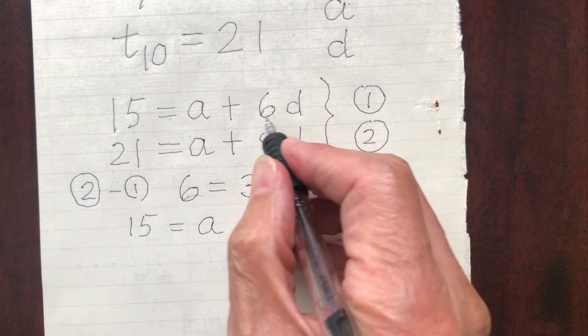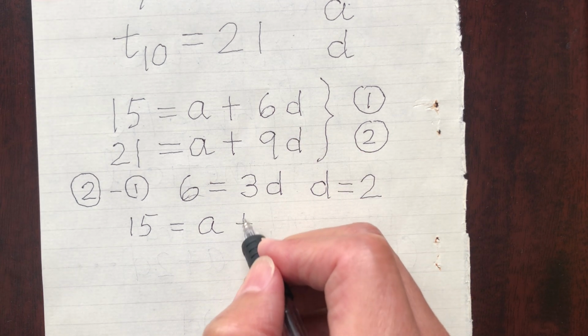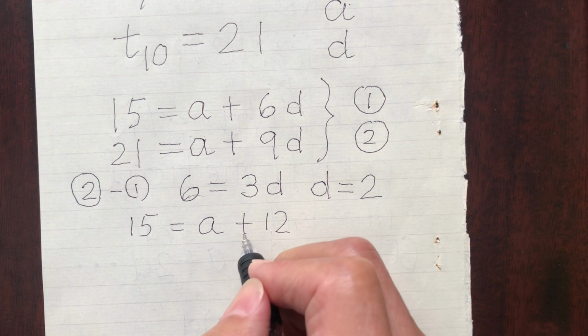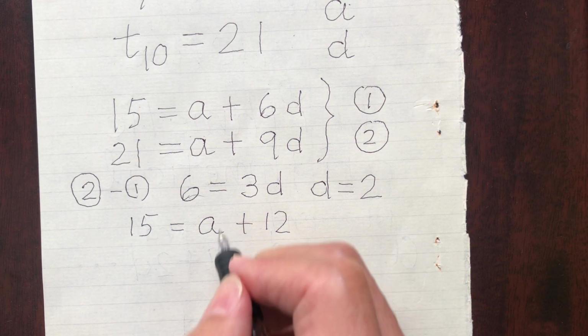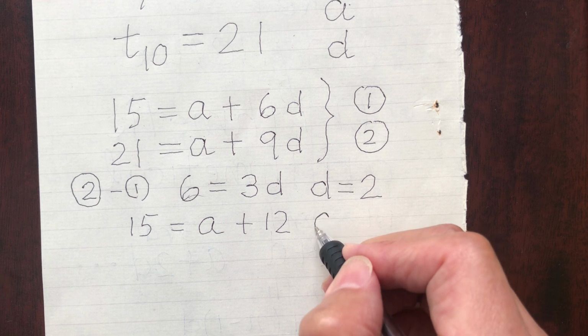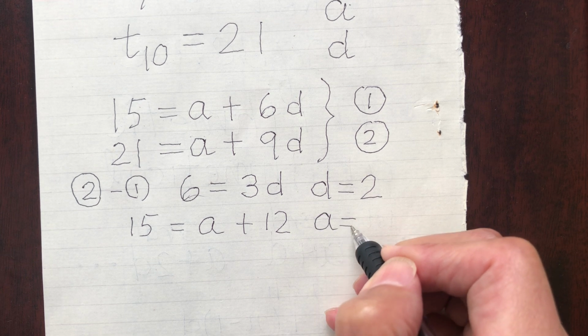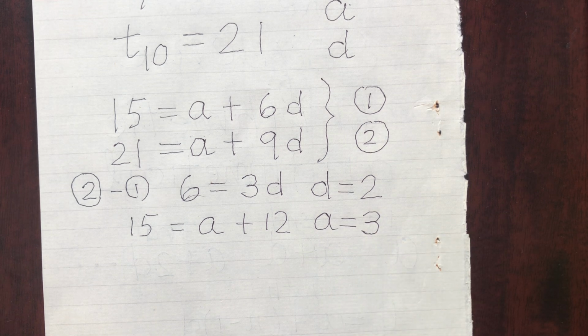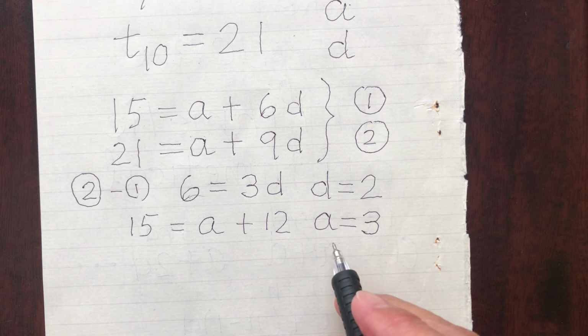D is 2. 2 times 6 is 12. What plus 12 is 15? Of course, A is 3. So I have the answer. A is 3. D is 2.